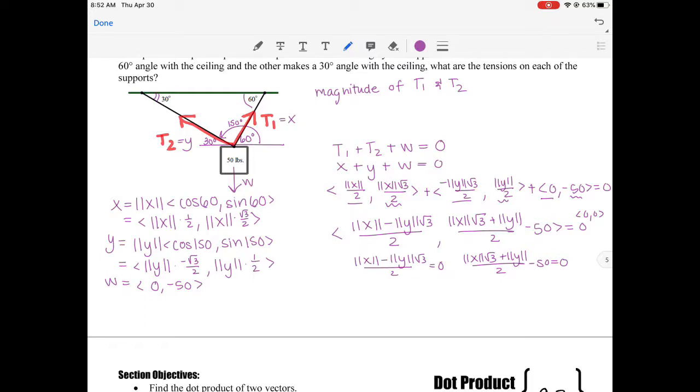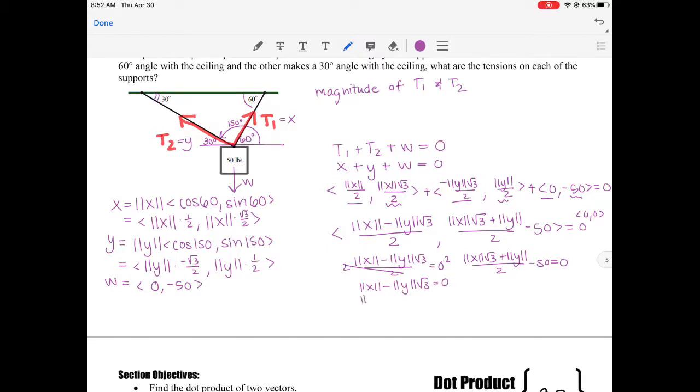We've got x and y we're trying to solve for. So I'm going to solve this left one and substitute it in there because, I mean, you can multiply everything by 2 and do a system, but we got the square root of 3 that maybe is confusing. So I think I can substitute pretty easy here. So we'd have the magnitude of x minus the magnitude of y square root of 3 equals 0.